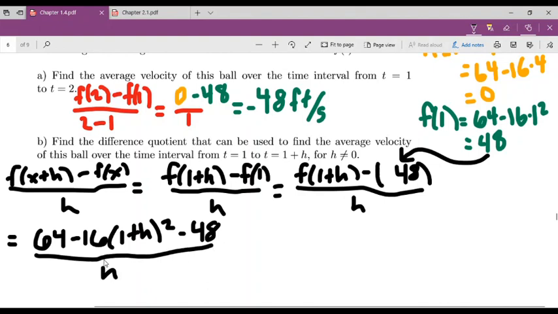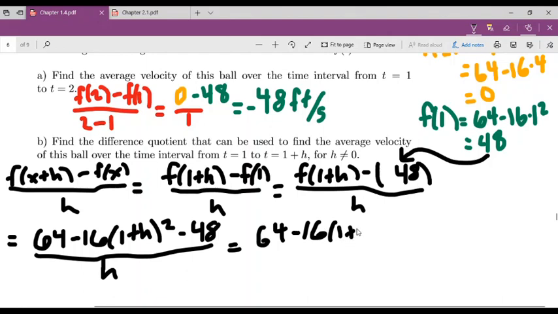Okay, so if I FOIL this just like I did the other one, I'm going to leave you to do a little side math because I don't have but so much space. If you need to FOIL it step by step, be my guest. I don't care how much time or paper you take to do that, but I'm going to skip a little bit. So 1 times 1 would be 1, 1 times h would be h, and you'd have 2 of those.